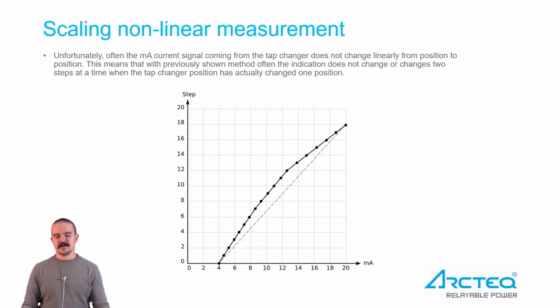And unfortunately, a lot of the times the milliamp signal coming from the tap changer isn't linear at all. So if that is the case, what can happen is that when you are changing the tap position, you might notice that on the relay side you don't see any change in the tap position when it has actually changed one step, or then you see it change 2 steps when in fact it has gone only 1 step up or down.